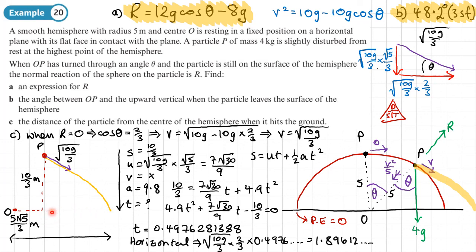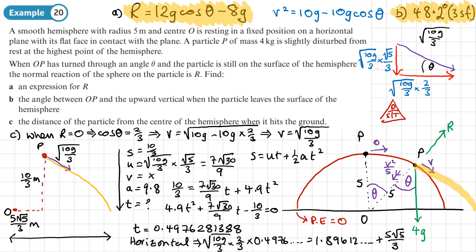So we need to add it to the 5 root 5 over 3. So I'll just put that down. That's what we're doing here. So plus 5 root 5 over 3. So we're basically just adding on this here to get this distance.